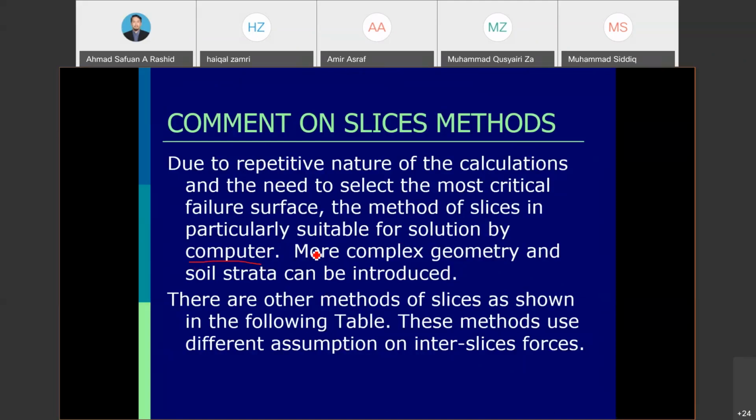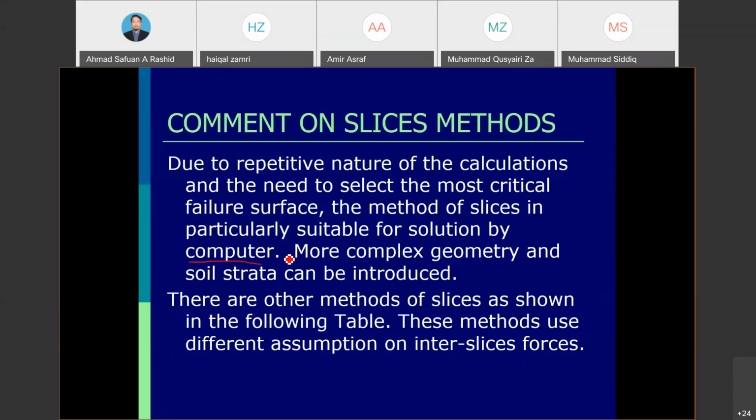So in that case, it's better for us to use the computer or the commercial software. However, we need to learn how this numerical or software work by knowing the theory based on the Fellenius or Bishop, kan?